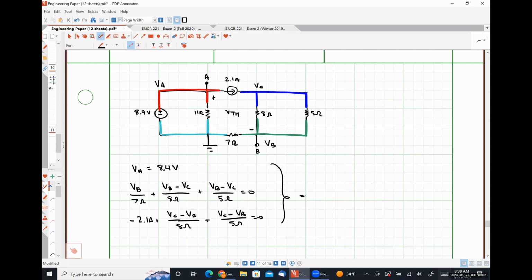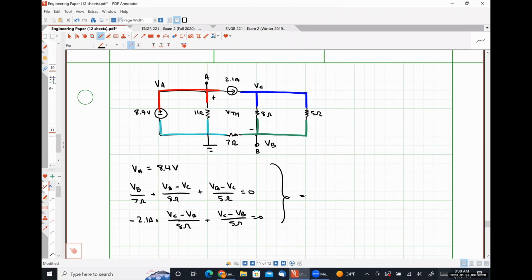So in my second equation, my coefficient for VB is 1/7 plus 1/8 plus 1/5. My coefficient for VC is -1/8 minus 1/5. I'm putting it in the wrong column, and I hit the wrong button on my calculator.